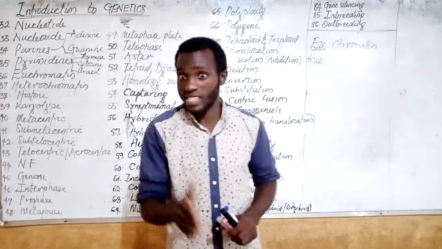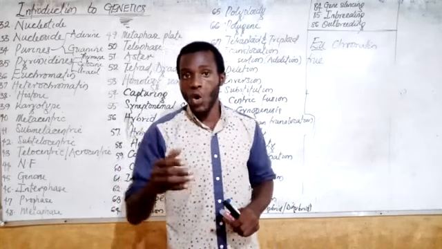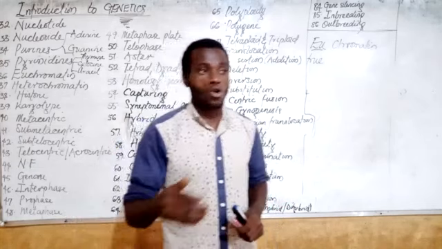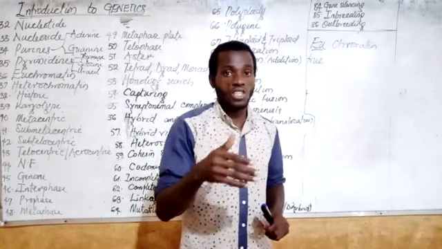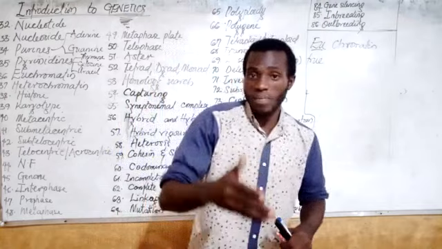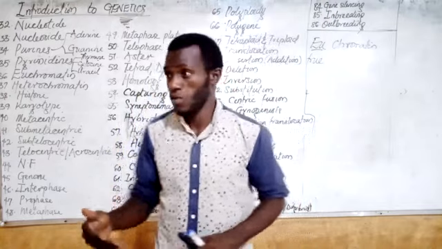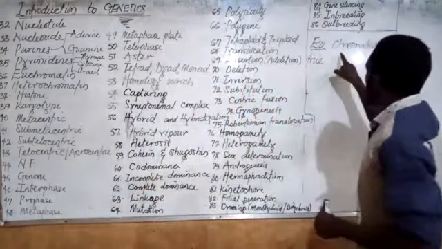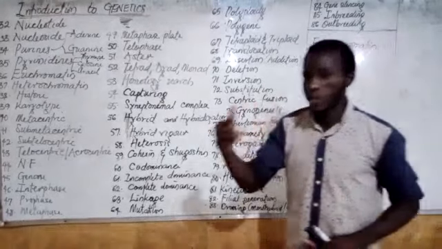So you remember that in the non-dividing cell, it is only chromatin that we have, where when replication takes place, that's the S phase of the interphase. So it's the euchromatin that we have.